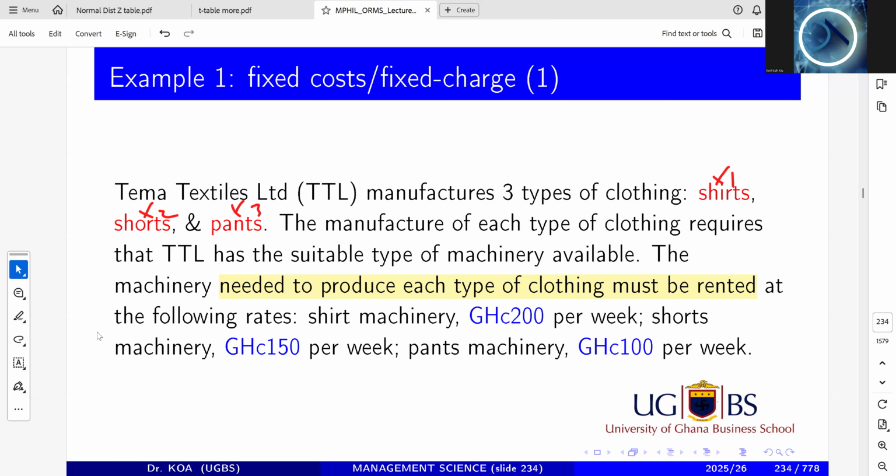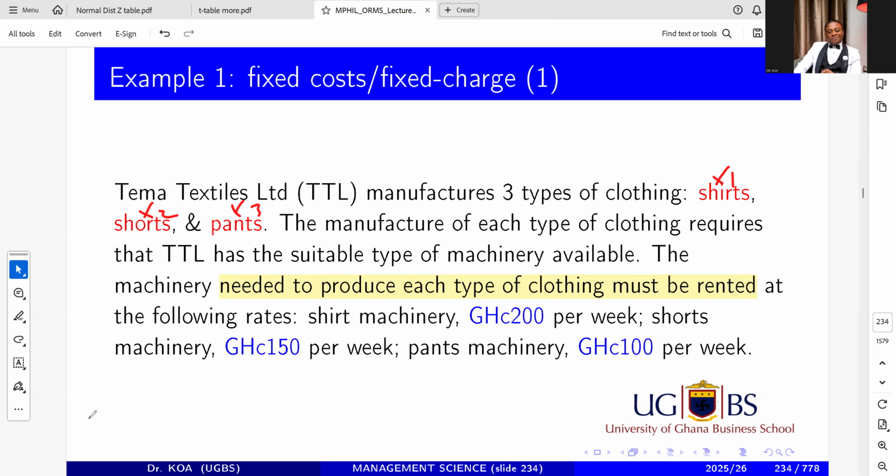The manufacture of each type of clothing requires that the company has a suitable type of machinery available. The machinery needed to produce each type of clothing must be rented at the following rate. The shirt machinery is 200, shorts is 150, and pants is 100.